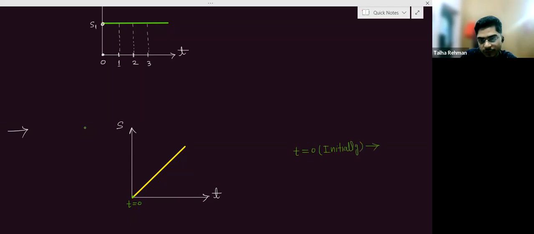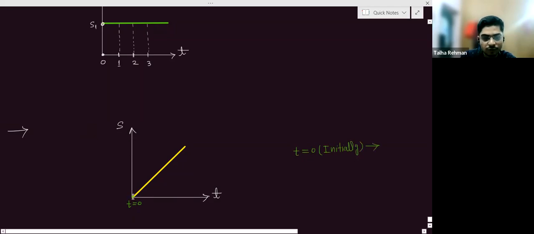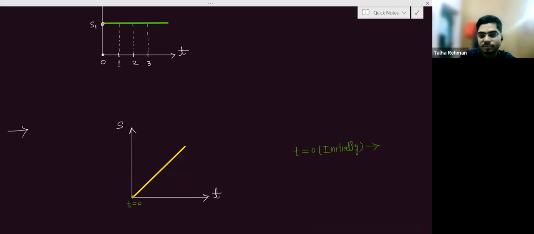So initially there is no displacement, which means initially the body is at rest.